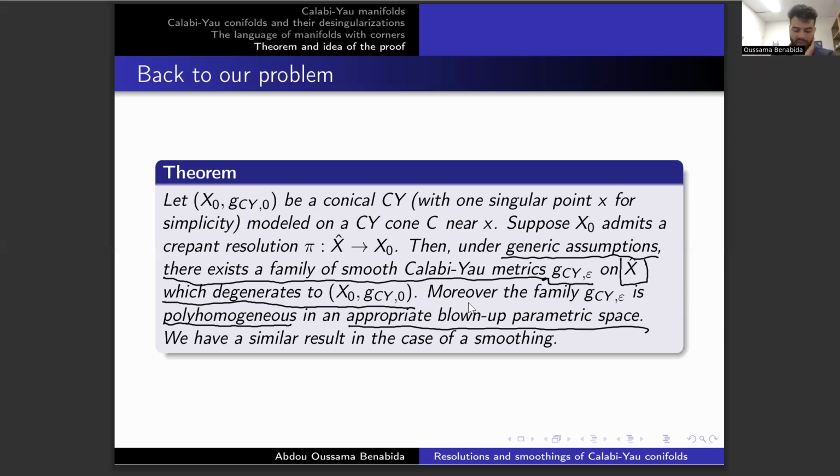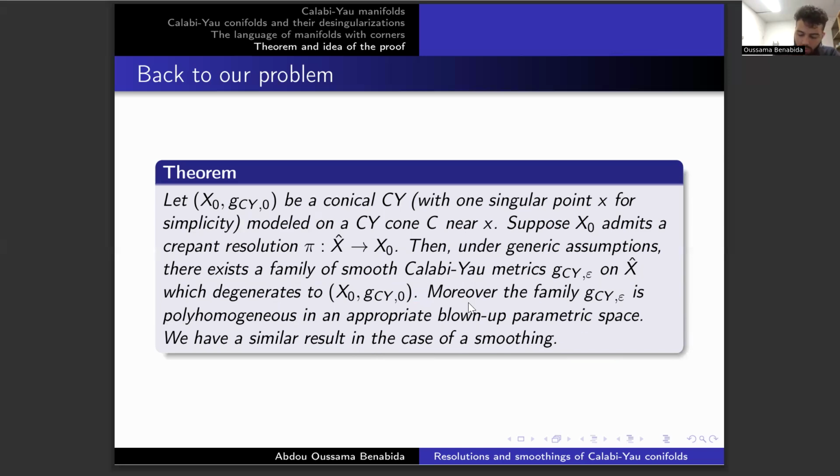And of course, we have a similar result in the case of a smoothing. So this is the main theorem, which exactly says what we wanted. So what was an algebraic process, now it's a metric process. We can see x0 as a limit of these Calabi-Yau metrics. And in addition to that, we have this polyhomogeneity.